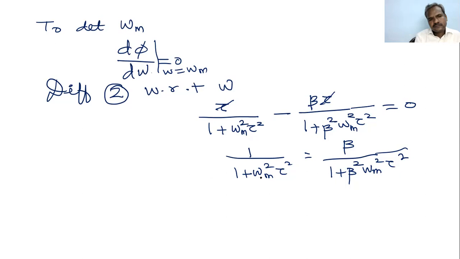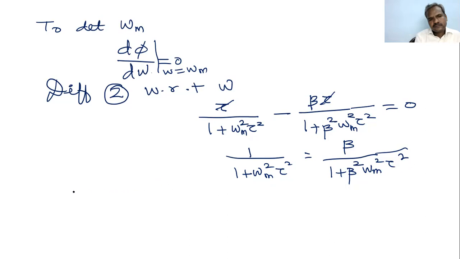So this can be written as, this is omega m square, 1 plus beta square omega m square tau square.